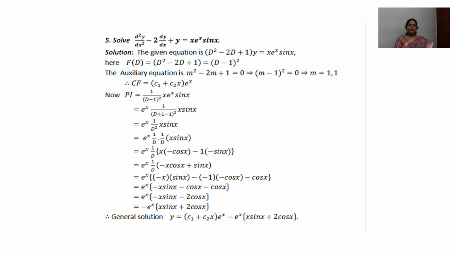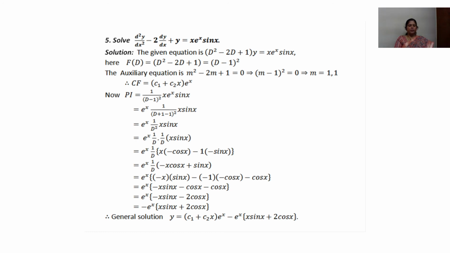In the place of e to the power ax, we have e to the power x, that means a value is 1. So replace d by d plus 1 in the denominator. We get e to the power x into 1 over d plus 1 minus 1 whole square into x sin x. Now we are getting e to the power x into 1 over d square into x sin x, that is, in the denominator we have d square.